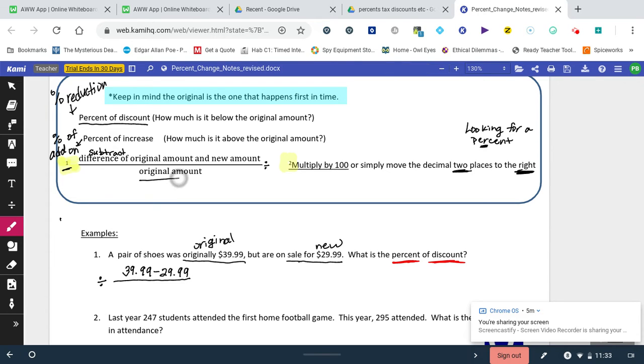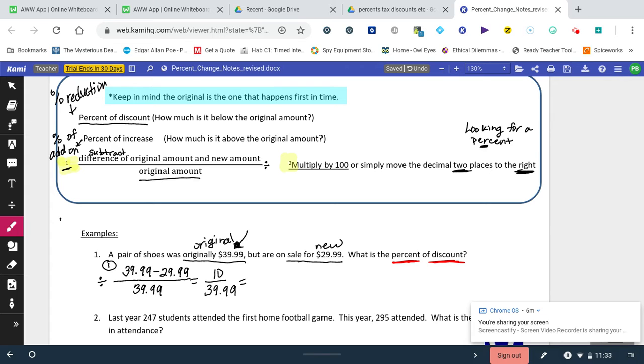It says divided by the original amount. Which one of these was the original amount? Well, it tells you right here clearly that the original amount was $39.99. So I'm going to divide by $39.99. This is all step 1. $39.99 minus $29.99 is 10. So you're going to end up with 10 divided by $39.99.